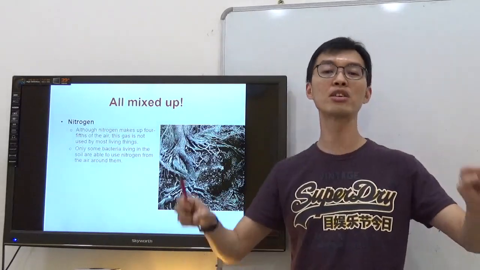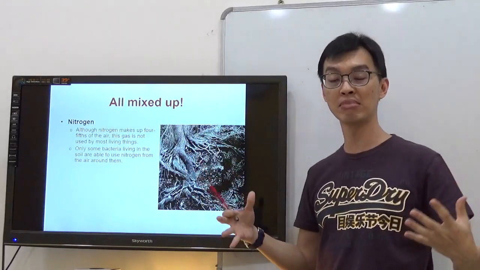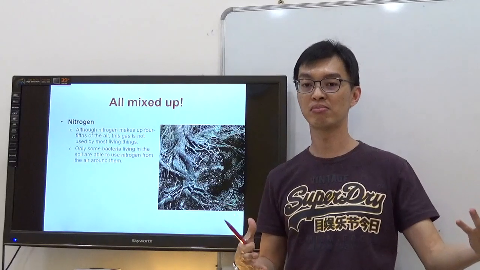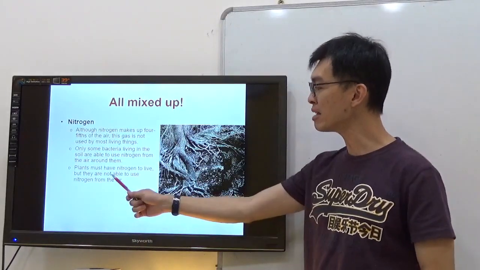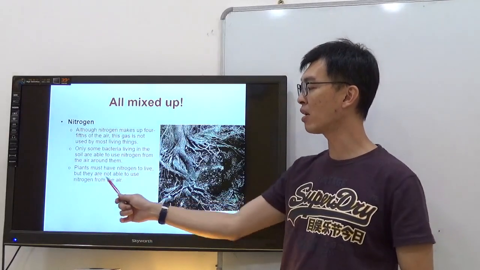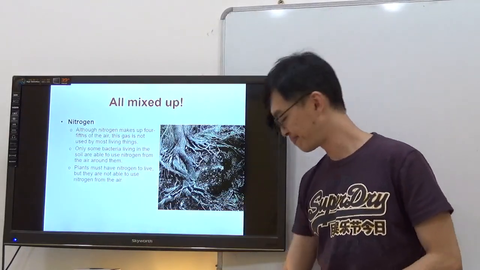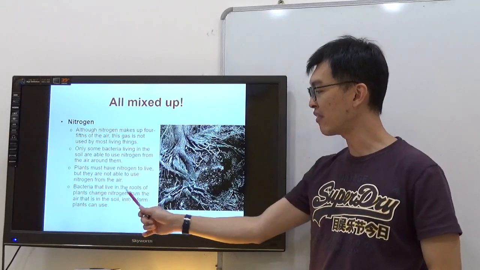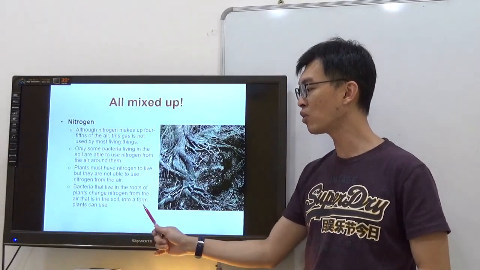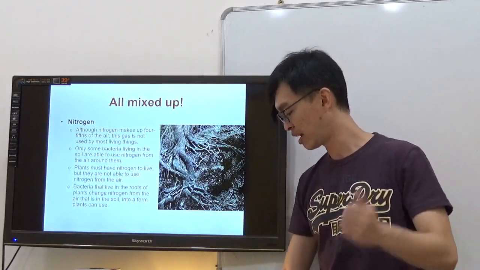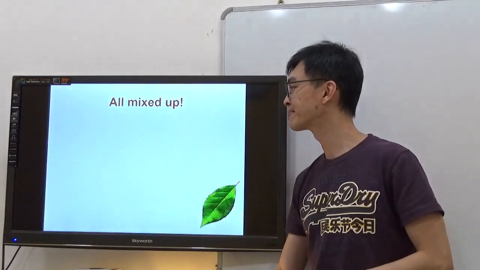The roots will absorb these nutrients, which makes the plant healthier. Plants must have nitrogen to live, but they are not able to use nitrogen from the air. Bacteria that live in the roots of the plant change the nitrogen from the air that is in the soil into a form that plants can use. Something that I mentioned earlier, right?